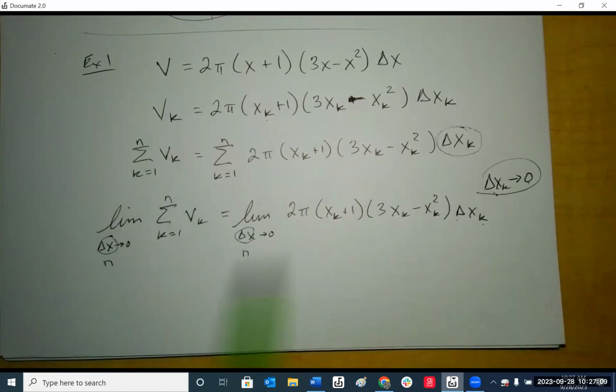What is this called? It's got a name. Starts with R. This is the Riemann sum.